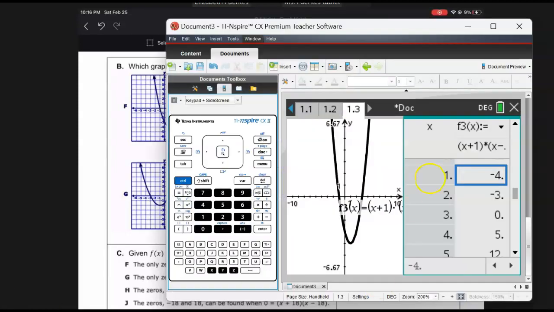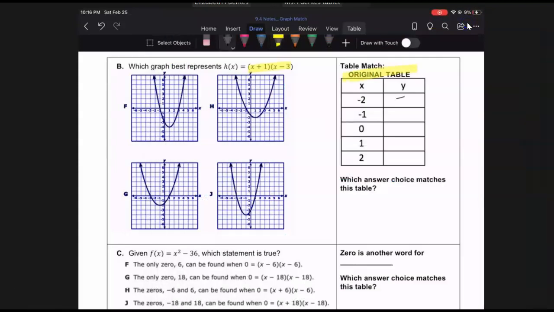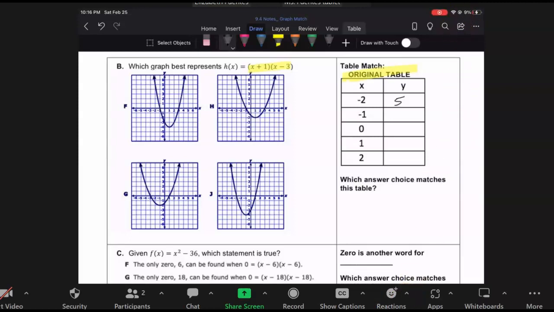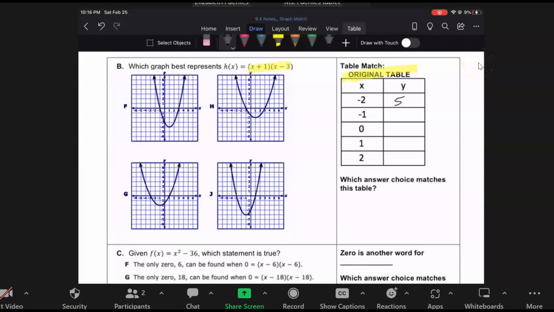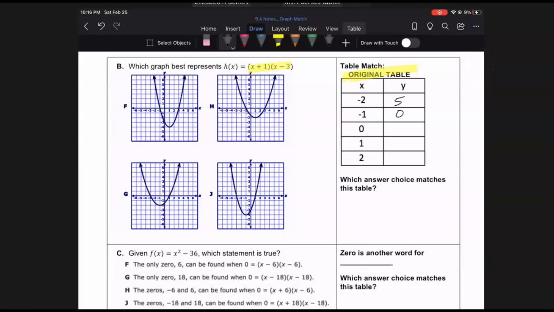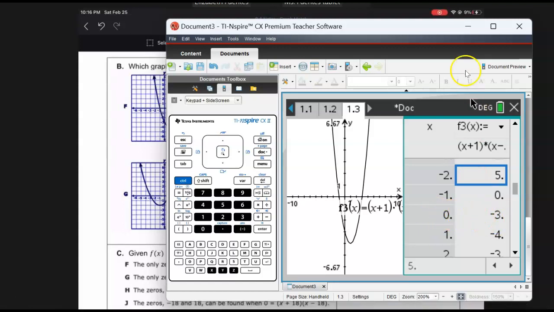So we're going to start at -2, which should be 5. -1, which should be 0. 0, which would be -3. This is your y-intercept.